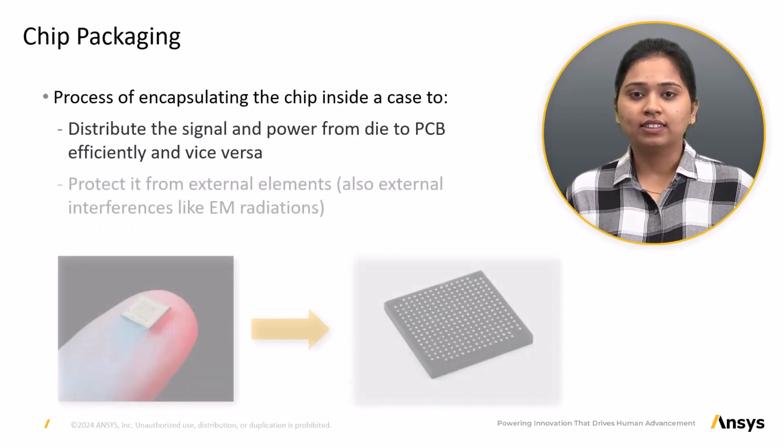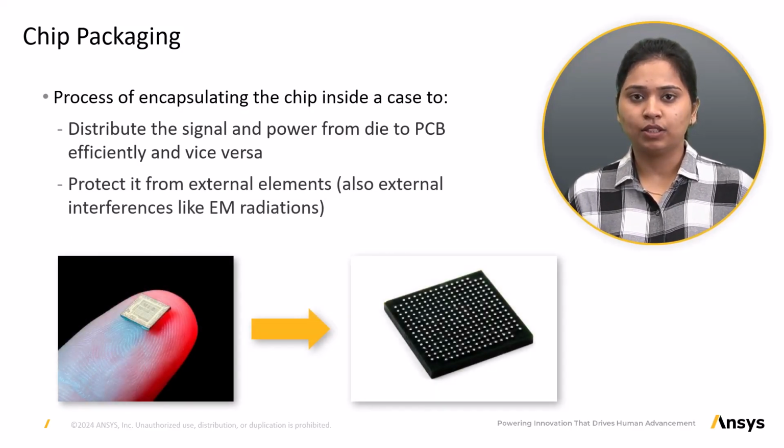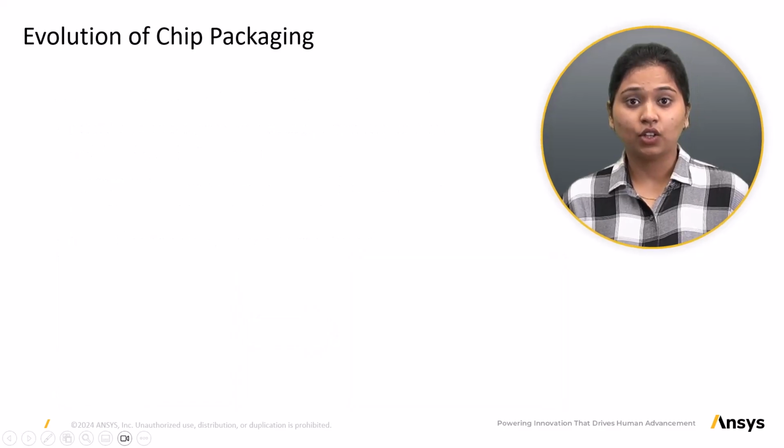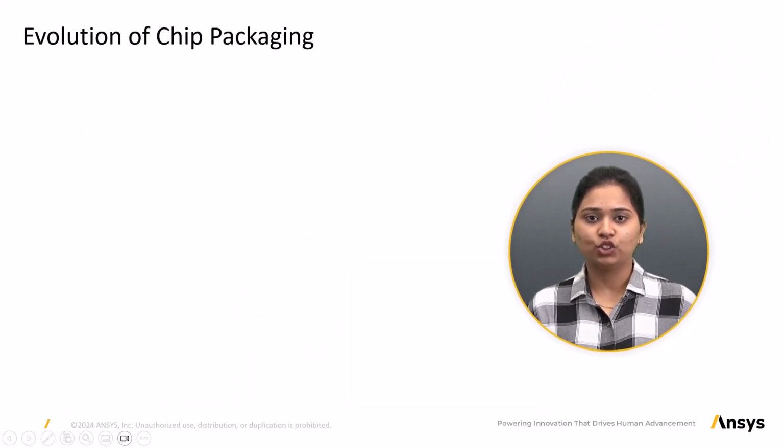The chip is tiny and easily susceptible to damage from external elements as well as from electromagnetic radiation. The package protects the chip by acting as a barrier to the physical elements like dust, dirt, or physical contact, as well as acting as a barrier from electrical interferences. Let us now understand the evolution of chip packaging.